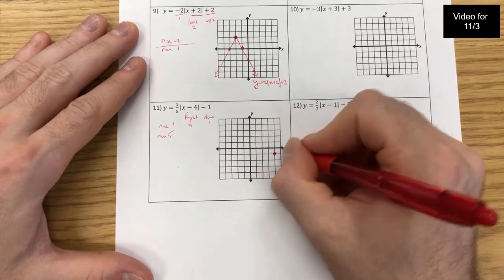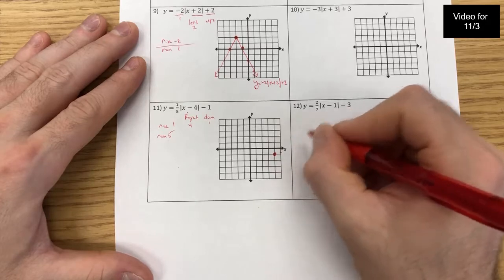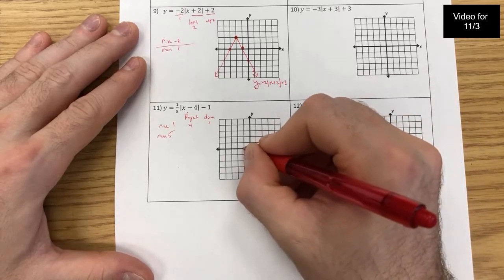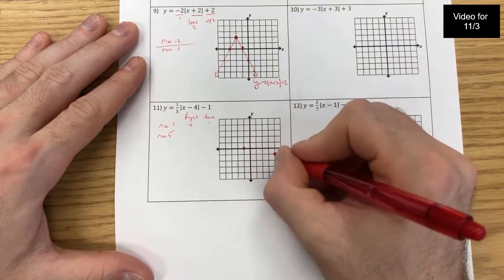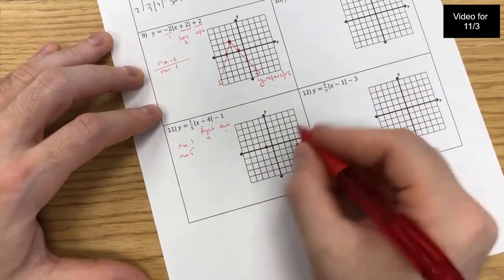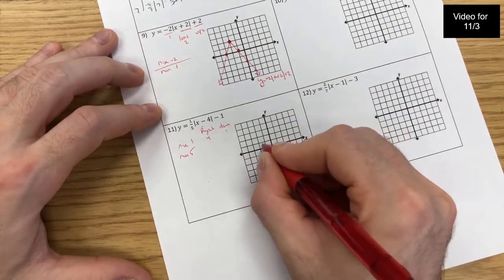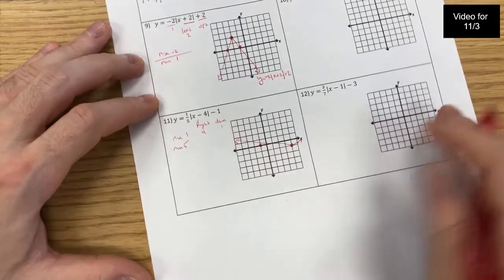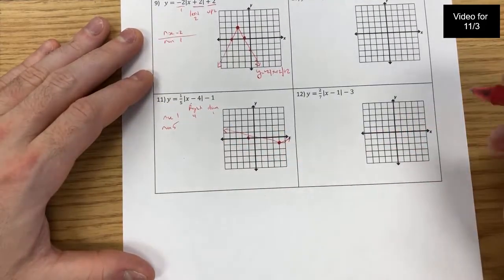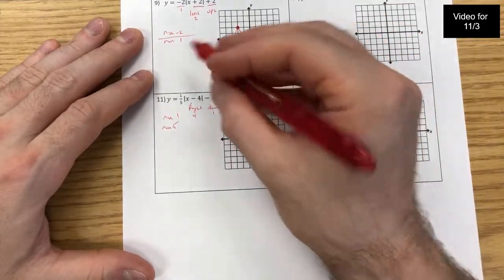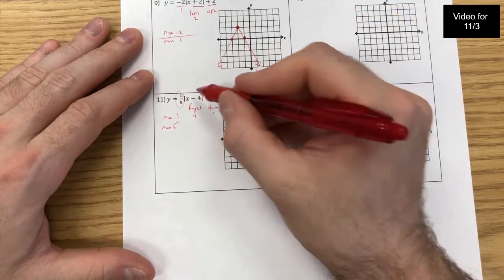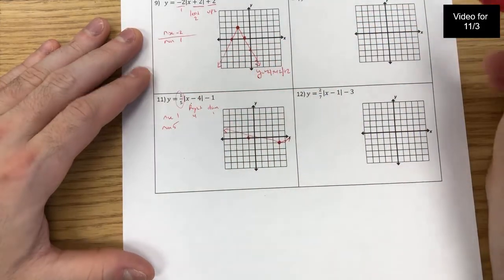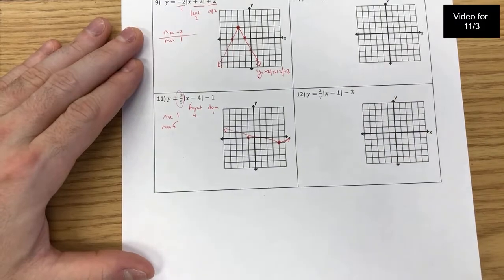If I rise 1, run over 5, well, that's way over here. If I rise 1, go over 5 in the other direction, I get that right there. Kind of missed my point there, but let's assume that went through there. So anytime we have an absolute value function, we know the slope and we know the starting point. And that's all we need to graph any absolute value function.